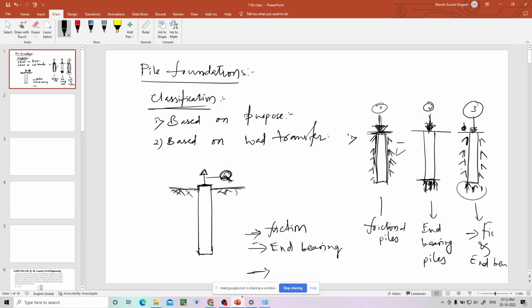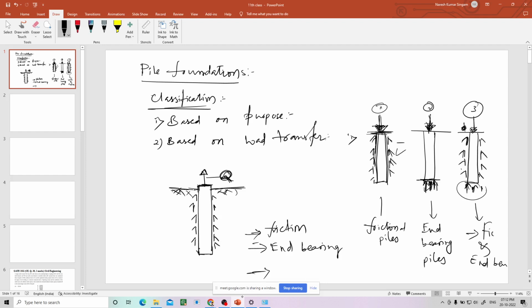Correct, correct. So the resistance can come only due to the friction in the upward loading, in the tensile loading. Okay.